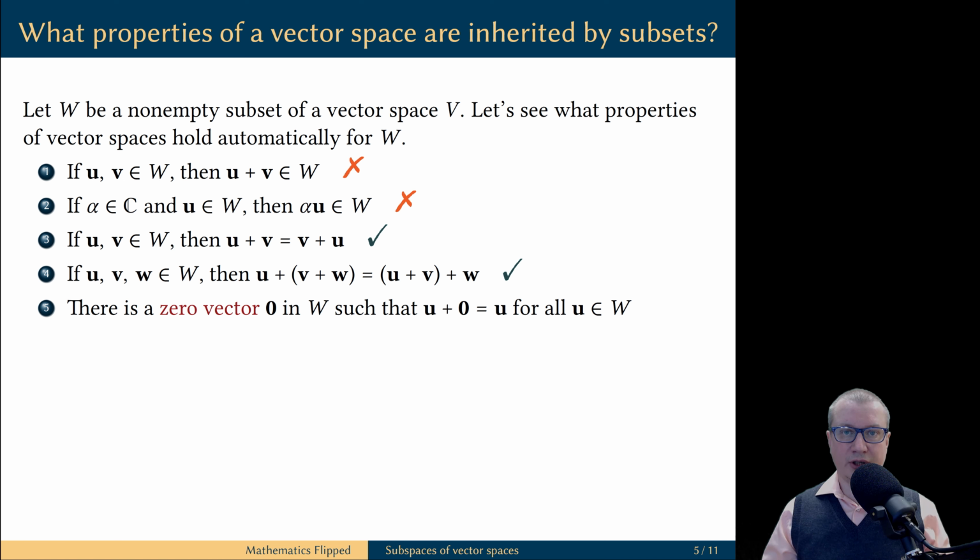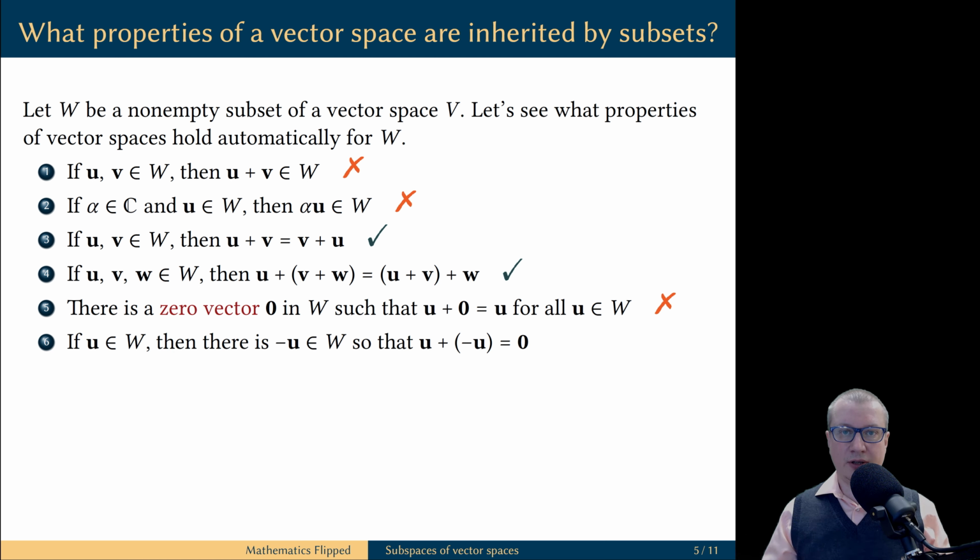Next, the zero vector property. We know that there is a zero vector in the vector space V. Do we know that it falls within the subset W? No, we can't guarantee it, and therefore this property does not transfer. When it looked like things finally started going our way, this happens.